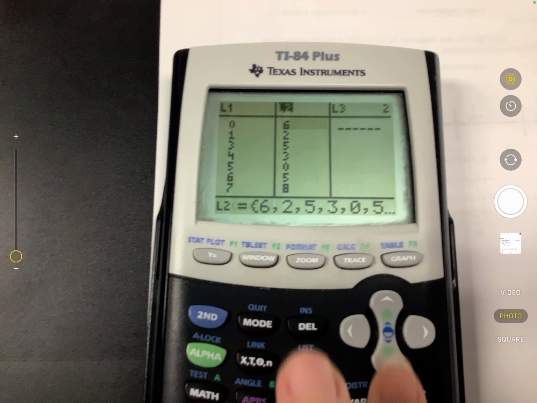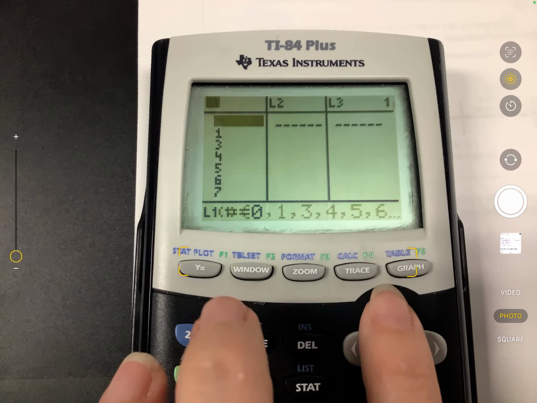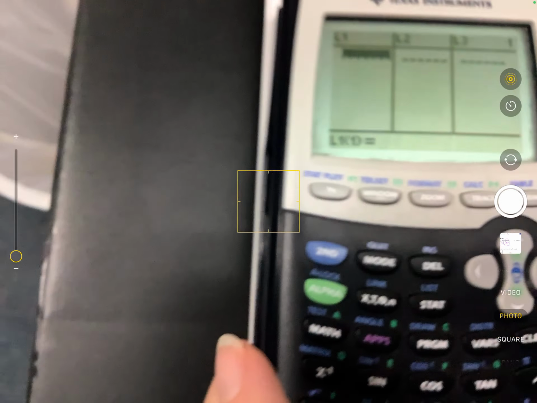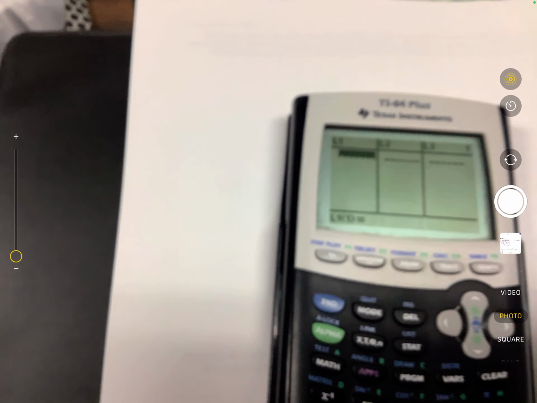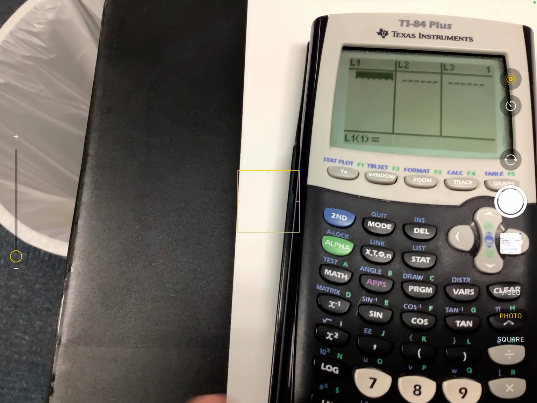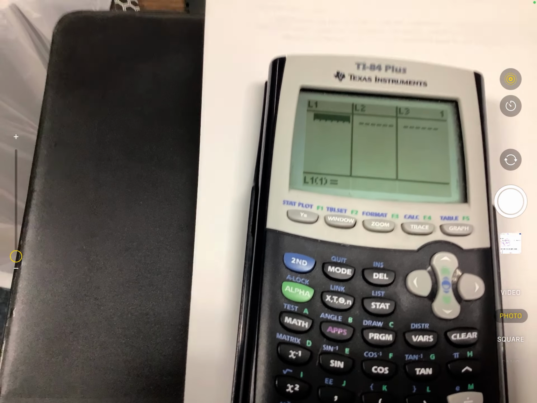I'm going to go up to the top and press clear so that way I can start inserting my table. So I'm inserting the table from the table that I have on my paper. My X's are the top, which is the number of shirts sold.